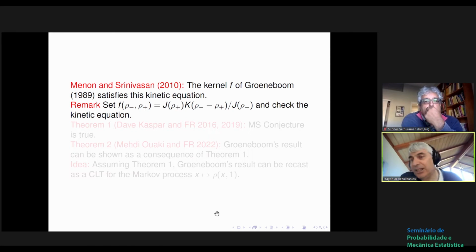Actually, Menon told me that he spent just 1 month to understand what Groeneboom is doing and how this formula satisfies the kinetic equation. But they managed to show that indeed, this kernel is an explicit solution for this kinetic equation. So that explicit formula discovered by Groeneboom does provide us with an explicit solution to this kinetic equation that is somehow scaled in a certain way with time, and it enjoys this KPZ type of scaling.